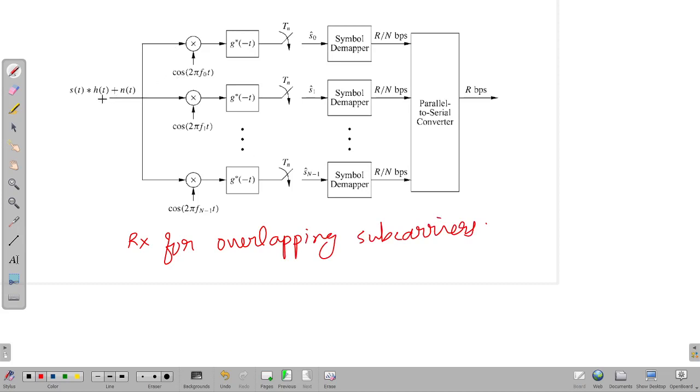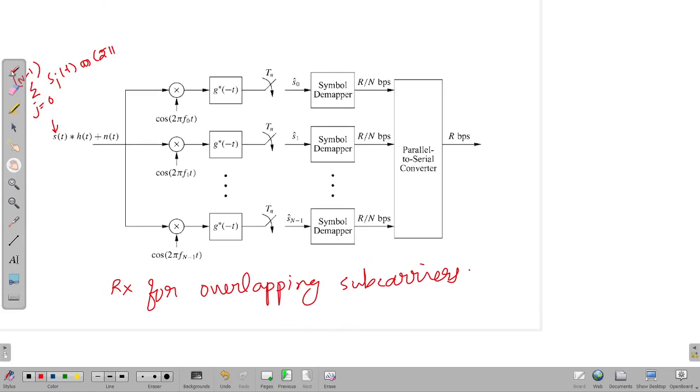And you can see here the symbol s of t, which is a composite symbol, the addition of all the symbols sj of t cos 2 pi fj t.